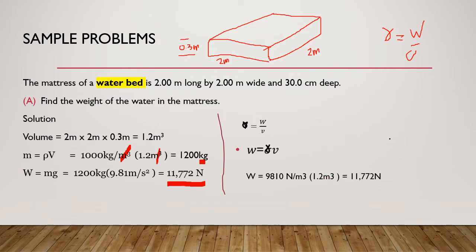So magkakaroon na naman tayo ng cancellation ng units dito, yung cubic meter, you will end up just the same. So alin man po sa dalawa ang gamitin nyo, you will end up at 11,772 newtons.